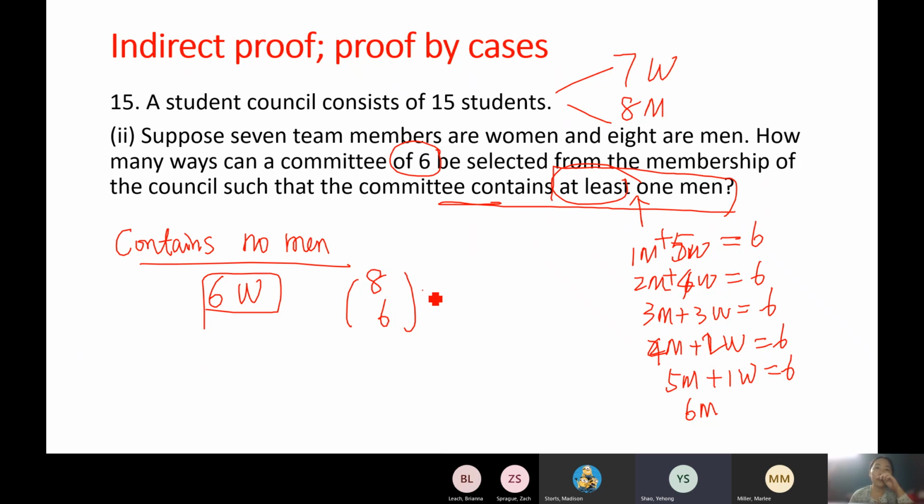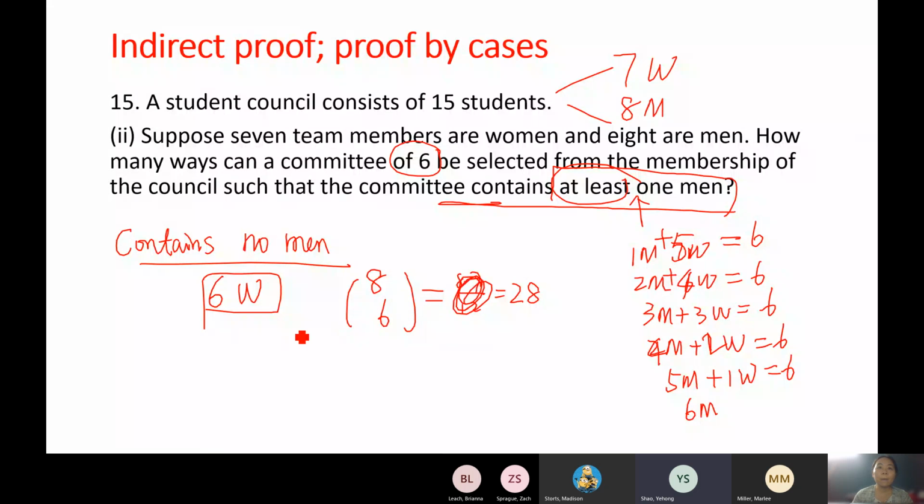To do that, that's going to be equal to 8 times 7 over 2, so that should be equal to 28. Okay, so I'll skip that, and you should be able to find out it's 28.